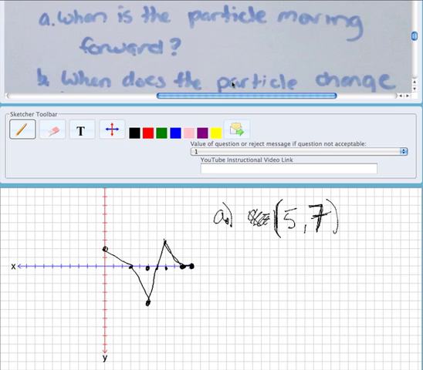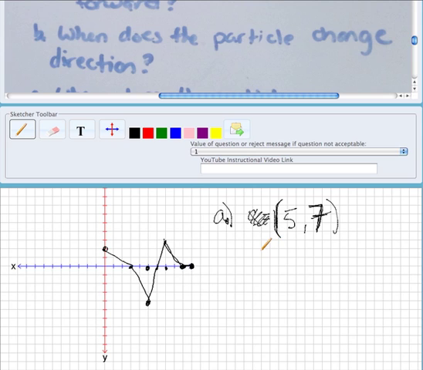All right, and then when does the particle change directions? There's going to be two spots where that happens. That's when it goes from a negative to a positive slope and a positive to a negative. So basically, when the slope changes sign. So there's 2 points, when x equals 5 and when x equals, I think that's 7. So those two points right there.